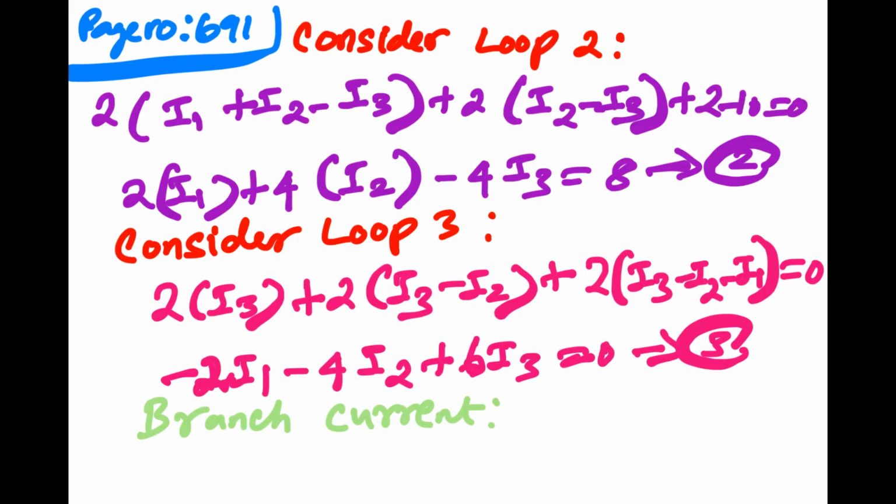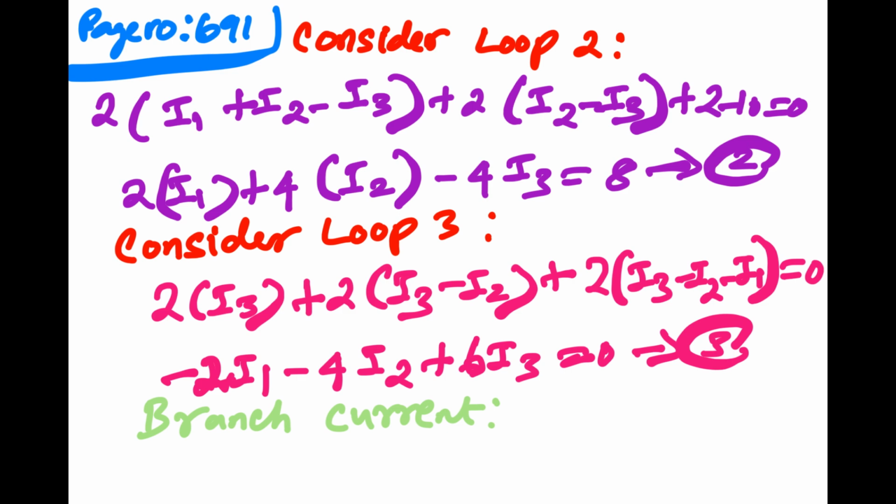Consider loop 2. Loop 2 has a 2 ohm and a 1 ohm resistance: 2 into I1 plus I2 minus I3, and the second resistance 2 depends on the I2 and I3 currents, so I2 minus I3, plus the 2 volt and minus 10 volt supplies. Thus we obtain the second equation.